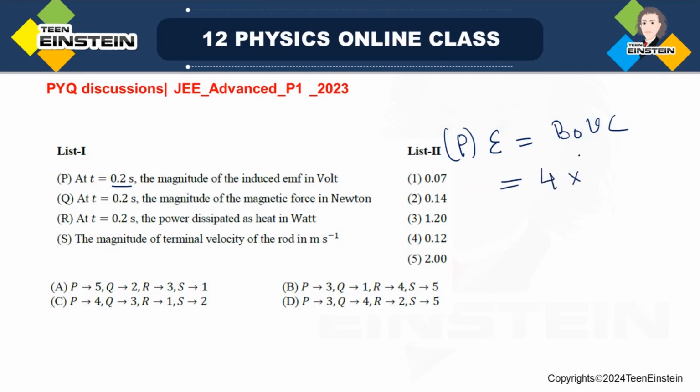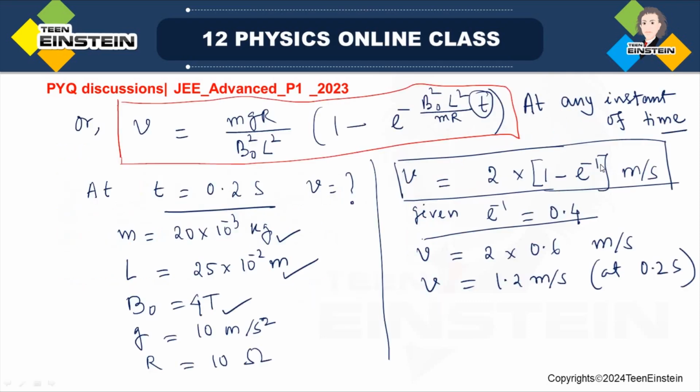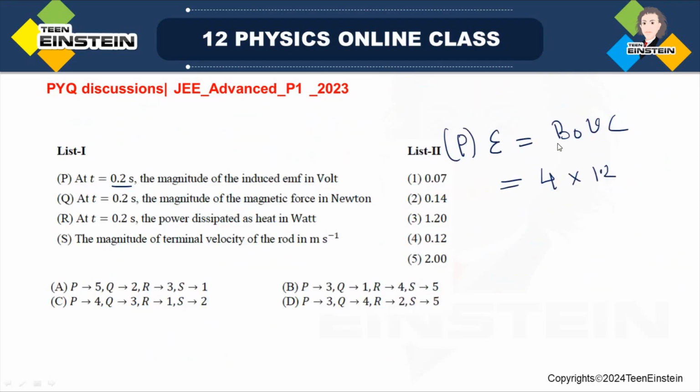V we have got 1.2 meter per second. So everything I am writing in SI unit, and L is 25 into 10 to the power minus 2. So this will cancel with this, and you will get 1.2 volt. Look here, this option is matching, right? Option 3 is matching with P.